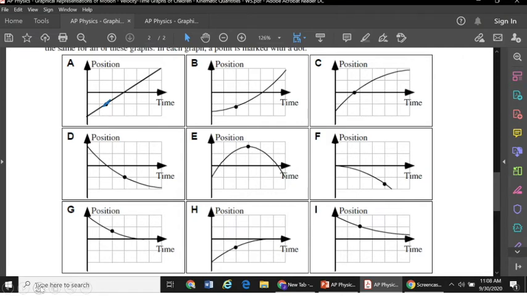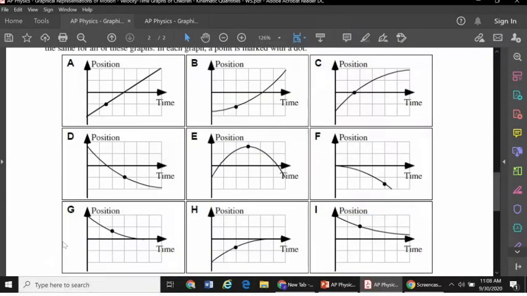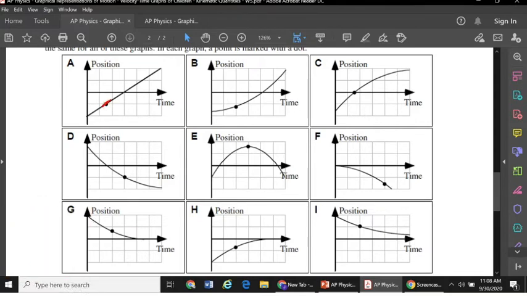The tangent line for A doesn't really make sense because it's a straight line, but we could sketch it in there if you want. It would look like that, right? For B, remember, the tangent line is just a line that touches the curve at one point, so it would look something like that. For C, it would look something like that, maybe a little more horizontal, though.